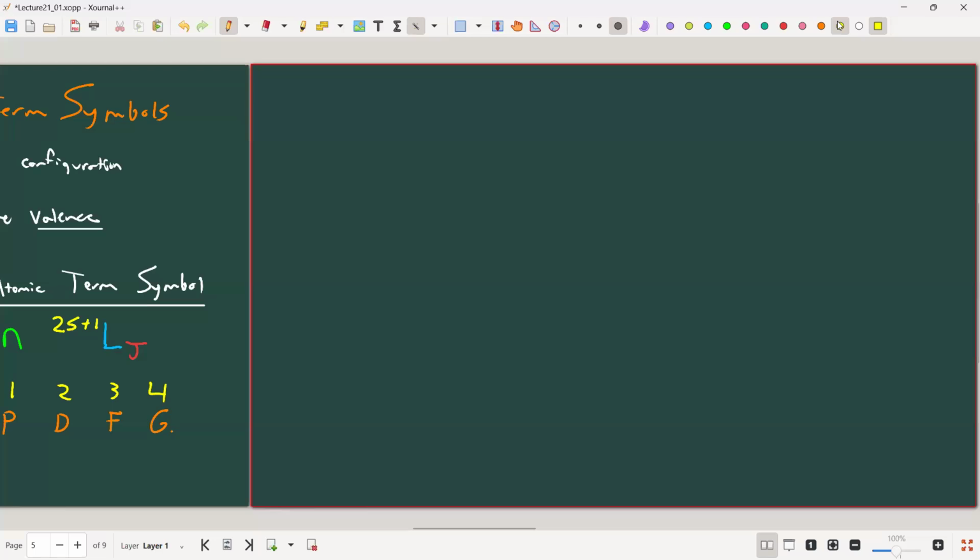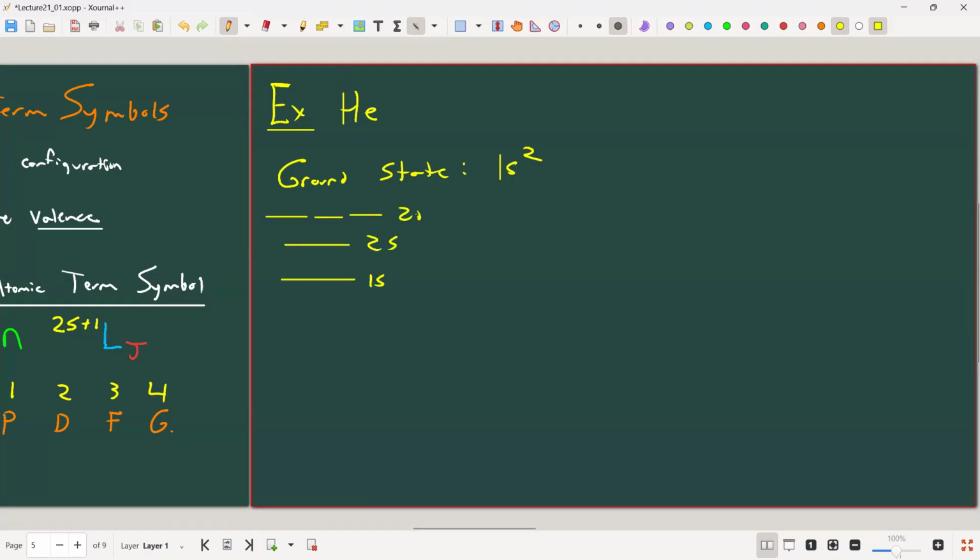So let's look at helium and do an example. The He atom. We know the ground state of this is 1s2. I want to calculate the term symbol for this.